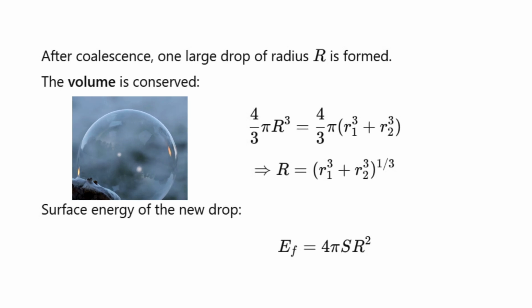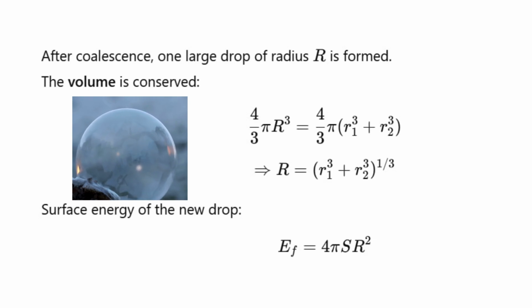After this coalescence, one large drop of radius capital R is formed. It means the volume is conserved. So the volume of the bigger drop, 4 by 3 pi R cube, represents the total volume.